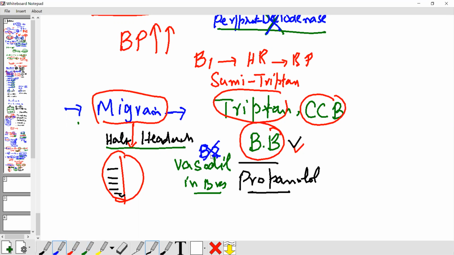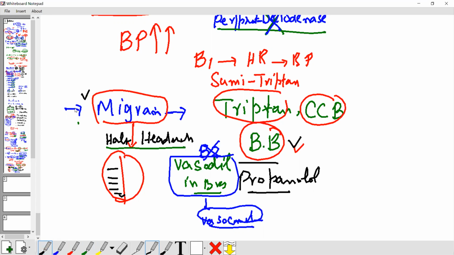If you block beta 2, there is no vasodilation, but vasoconstriction. This vasodilation leads to pain, so propranolol causes vasoconstriction. So beta blockers are also used for migraine. Understand?